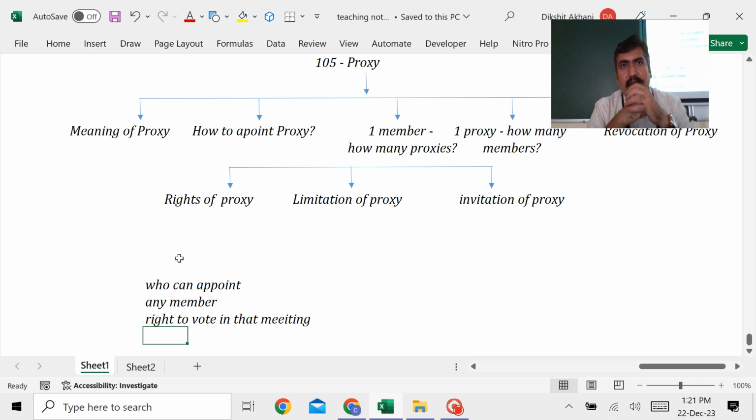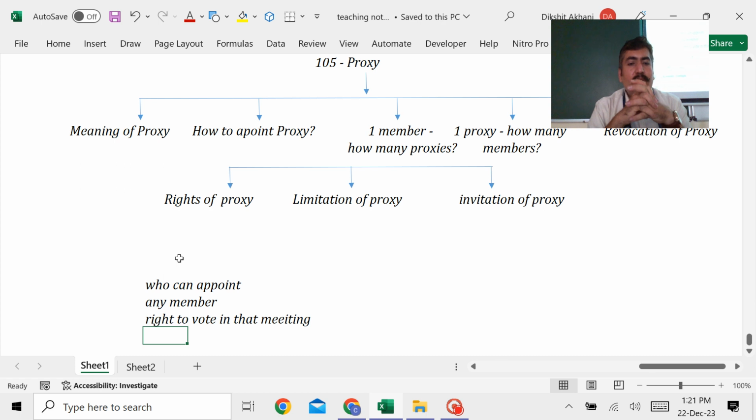Therefore, this facility must be given so that at least your votings should not go in vain, should not be wasted. Somebody should be there. And proxy is a privilege in short.